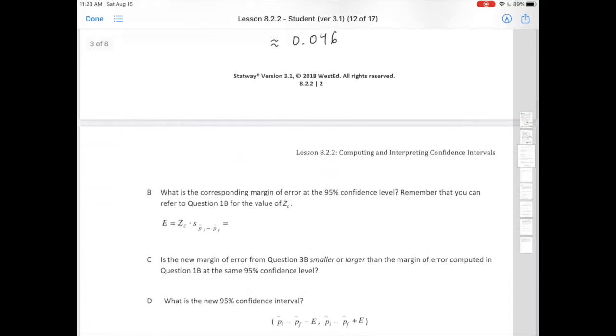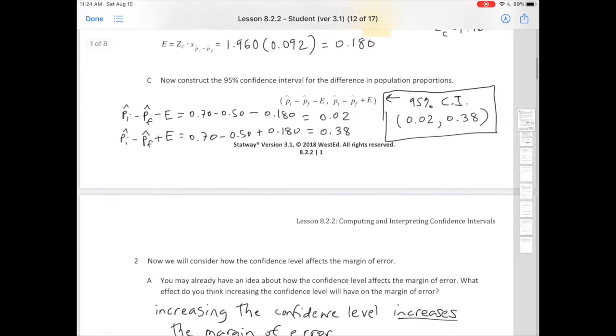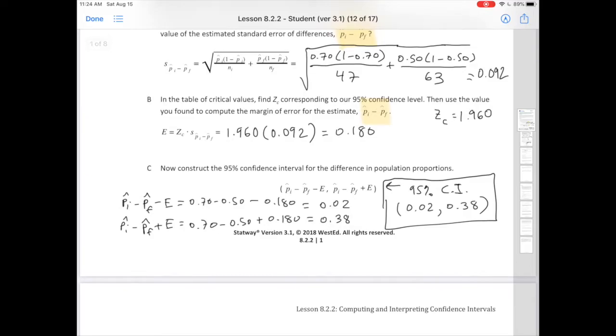What is the corresponding margin of error at the 95% confidence level? Remember, the critical z-value for 95% hasn't changed, so we still have 1.960, but now we're multiplying it by 0.046. For those of you that remember, last time we found the 95% confidence interval, we were multiplying it by 0.092, so the number is smaller.